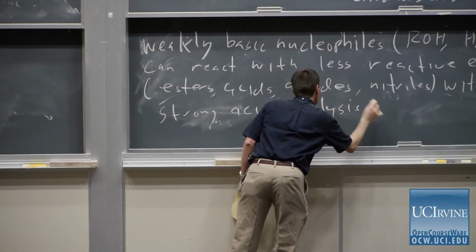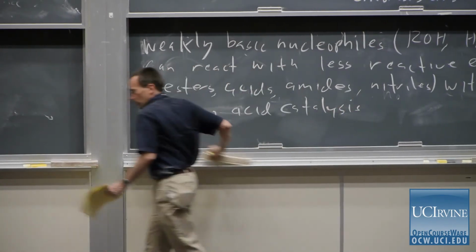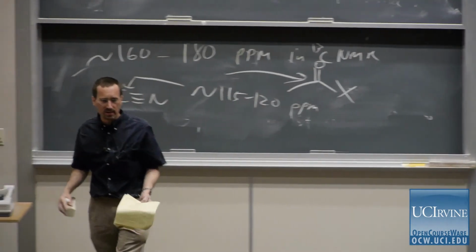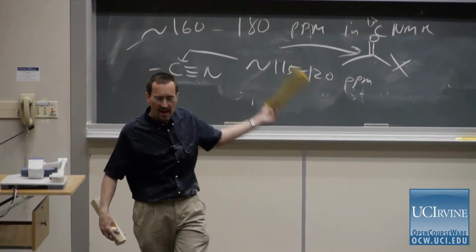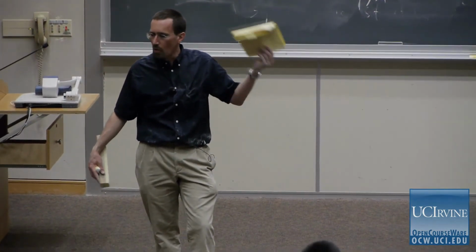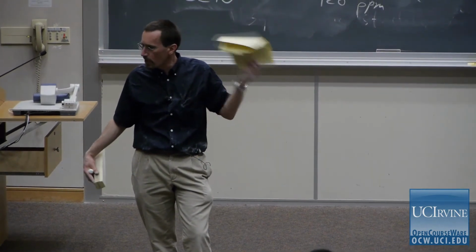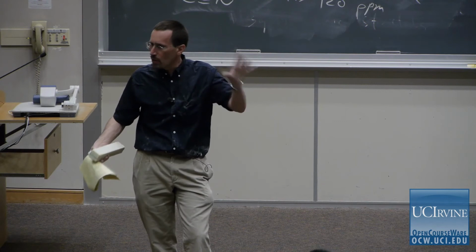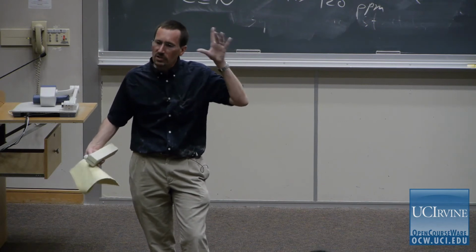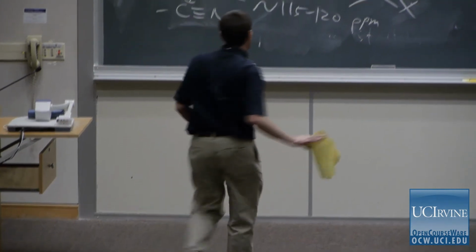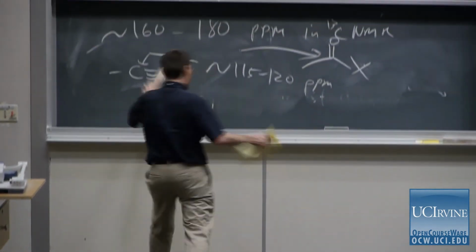And what we're going to see in the next lecture is that a strong acid can protonate the carbonyl of an ester or a carboxylic acid or an amide, or can protonate a nitrile group and take something that's only a weak electrophile and turn it into a strong electrophile in a mechanism that we end up going through.